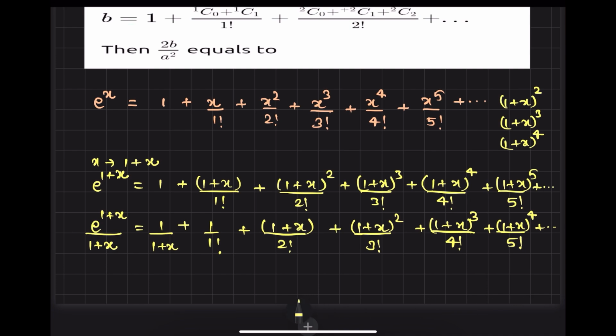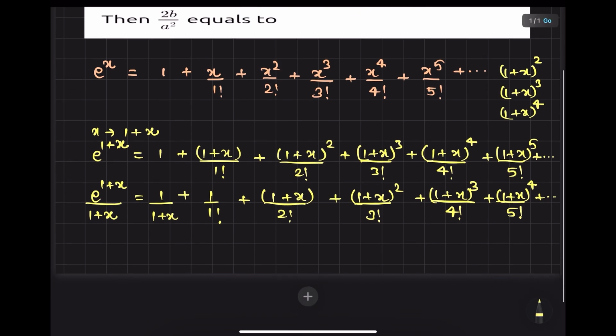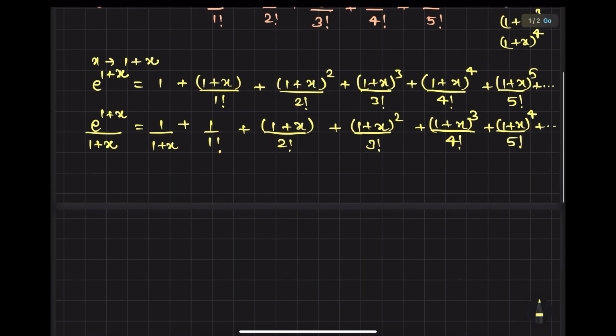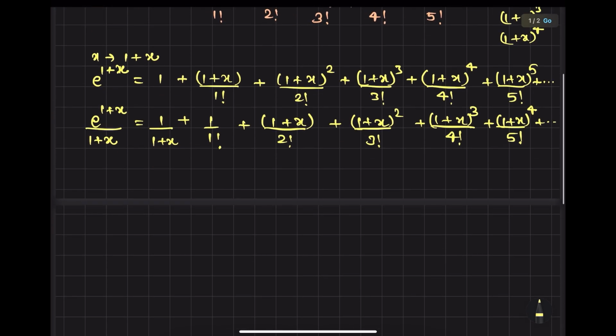Now we have to find the coefficient of x square from both sides. Okay, so we are focused on a right now, and we want the coefficient of x square from both sides.